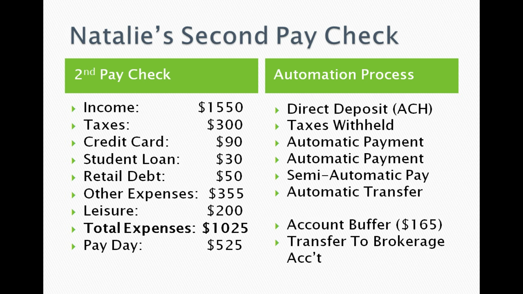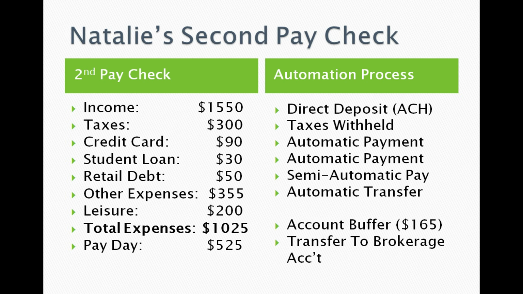And once again, all other necessary expenses are going to be semi-automatic, for gas and clothing and food, for whatever she needs. We're also going to have her leisurely taken out of the account so she doesn't commingle those funds with any funds that she has for her necessary expenses. And that's going to give us a total of $1,025. So that means she's going to have a payday of $525.